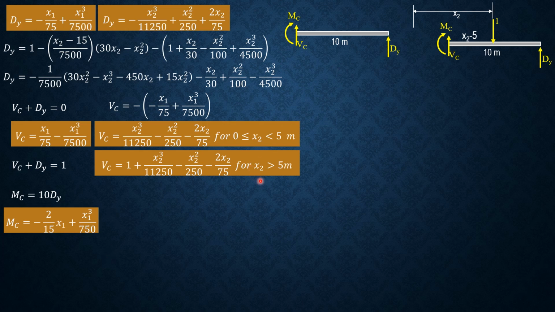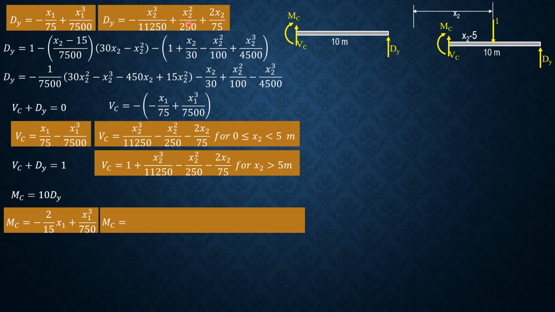For x2 in this interval, less than 5, we just multiply this by 10, M sub c equals dy times 10. So M sub c is negative x2 cube over 1125 plus x2 square over 25 plus 4 over 15 x sub 2 for 0 less than or equal to x2 less than or equal to 5, including 5, because this is moment expressions.